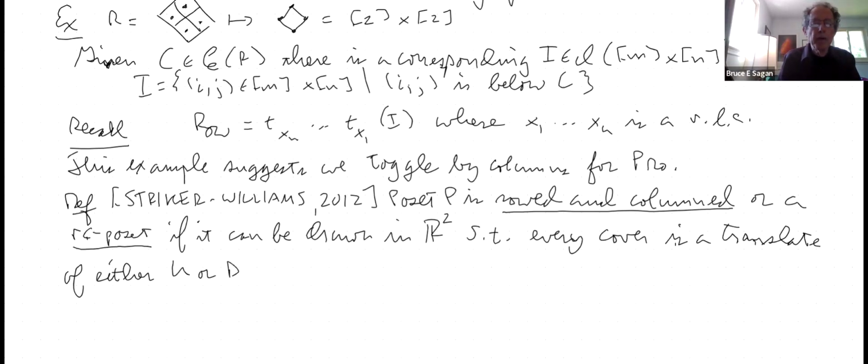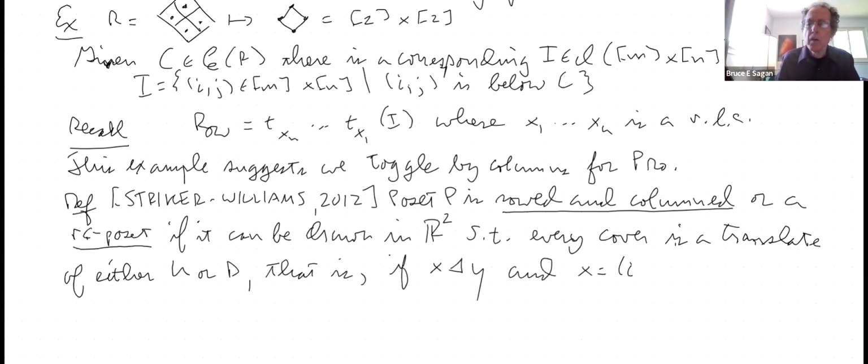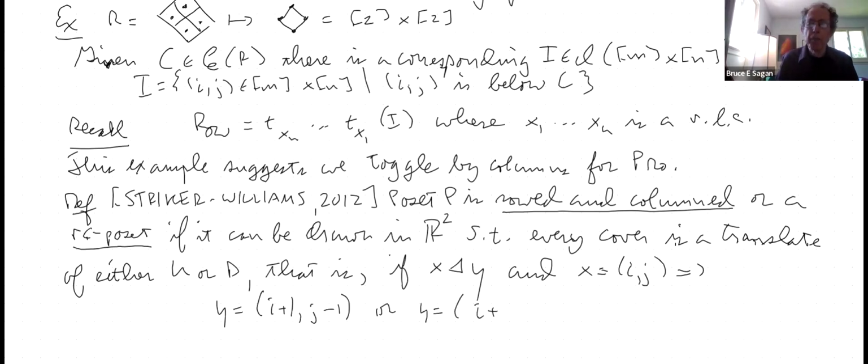Or if you want to be a little bit more explicit, if I have a cover X covered by Y, and X has coordinates (i, j), then Y can have one of two possible coordinates. It either has coordinates (i+1, j-1), up and to the left, or Y has coordinates (i+1, j+1), up and to the right.